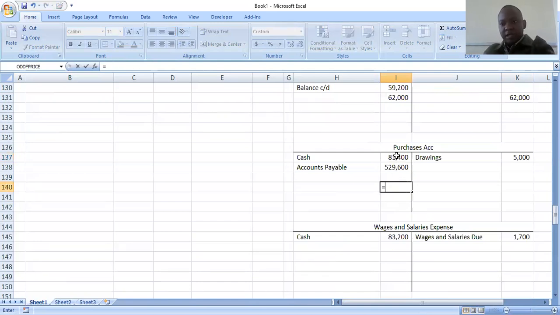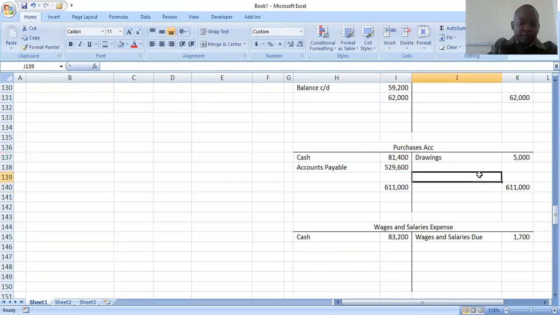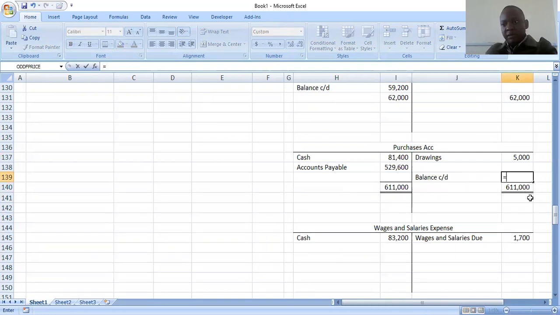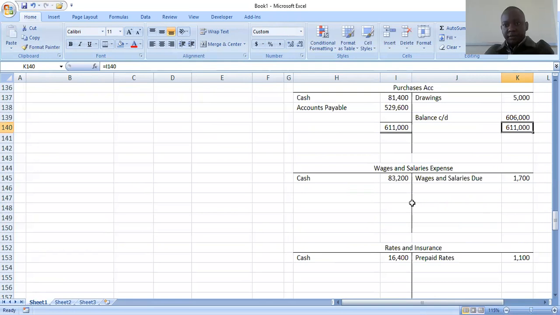Then we have purchases. So I hope this is a process that is not new to you. And then you have balance carried down for purchases is equal to 611 minus 5,000, 606,000.